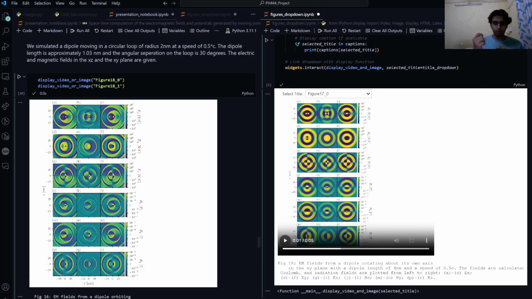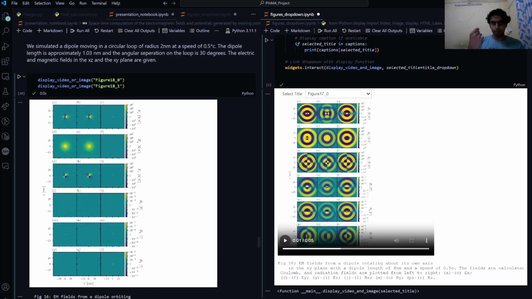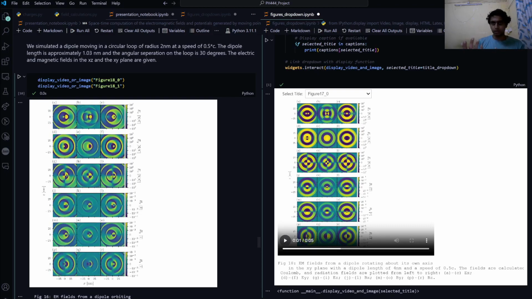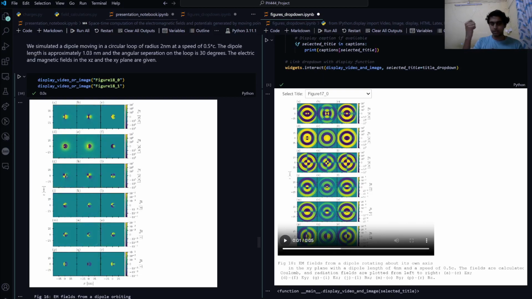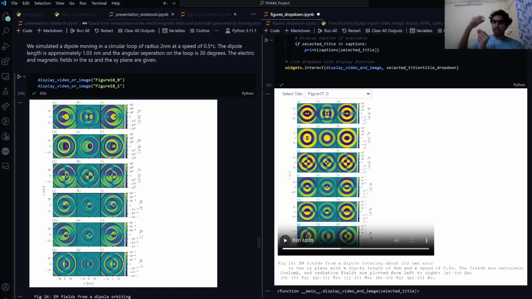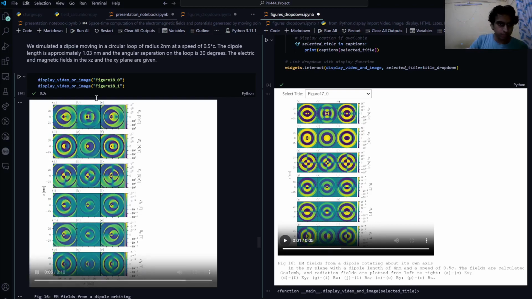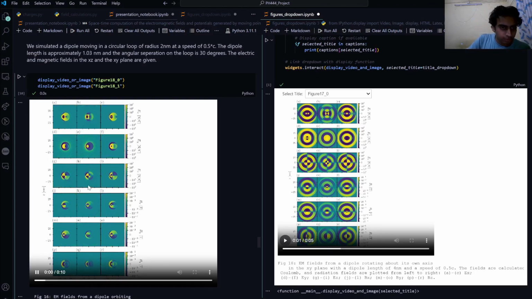Then the repulsive field from the plus charge is going to be greater, and therefore you'll see a green contour in this direction, right? But as they move along, the negative charge is now closer to this point, and therefore you'll see a negative contour, a blue contour heading towards that, right? And that's what we see clearly in the EX field.